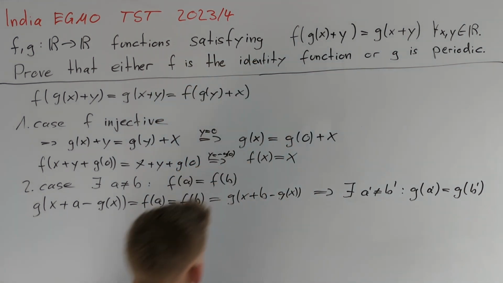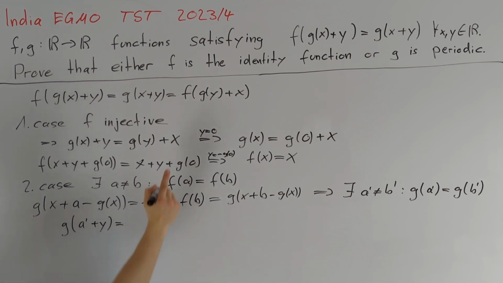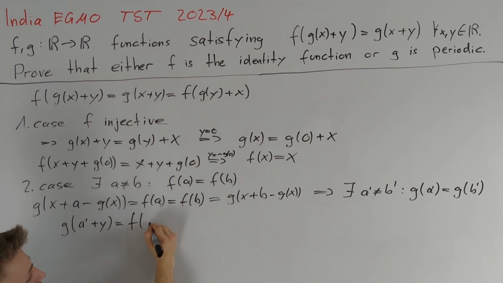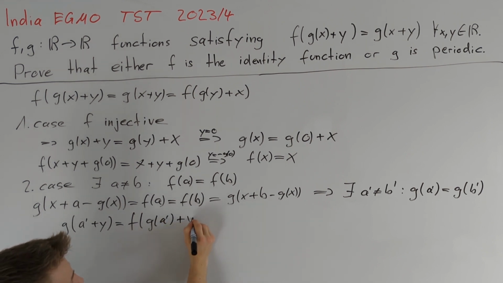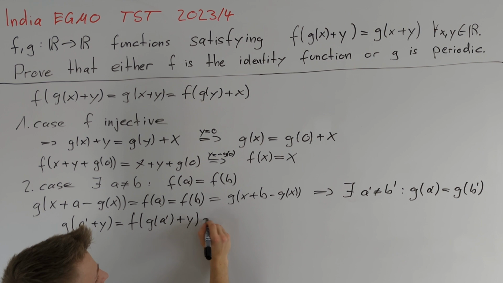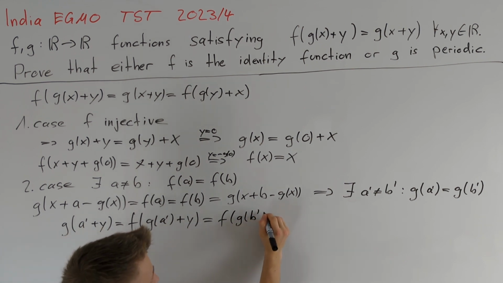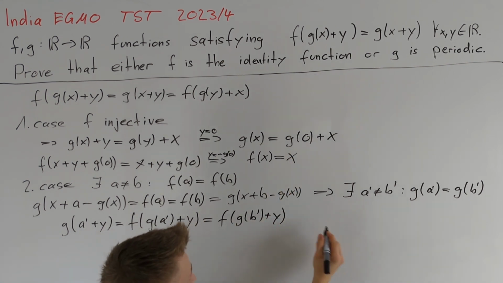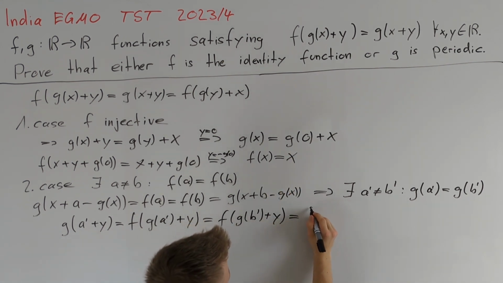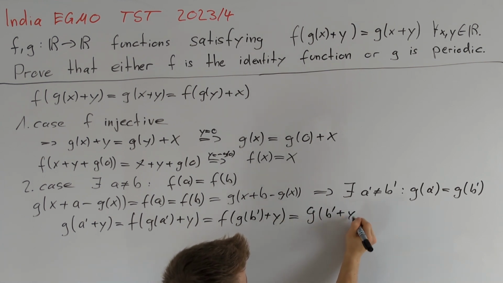So we get that g of a prime plus y is equal to f of g of a prime plus y, and now this is equal to f of g of b prime plus y, and now we use the functional equation again to conclude that this is equal to g of b prime plus y.